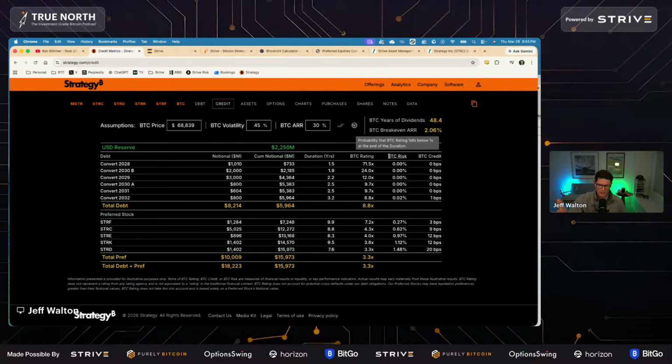Now, at the end of the duration period, what is duration? How duration is calculated on this website is the Macaulay duration for the preferred equity. The Macaulay duration is effectively 1 divided by the interest rate.